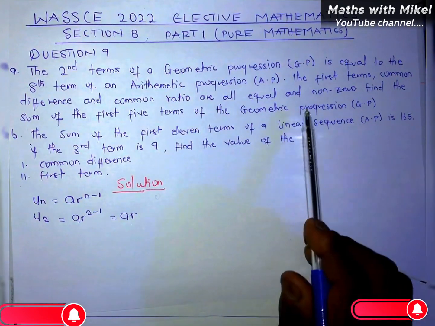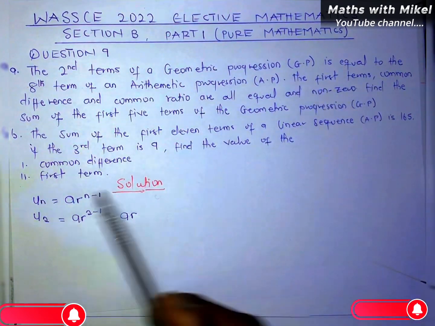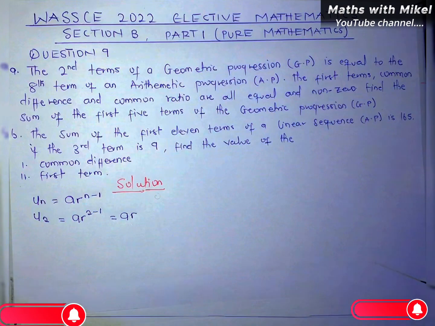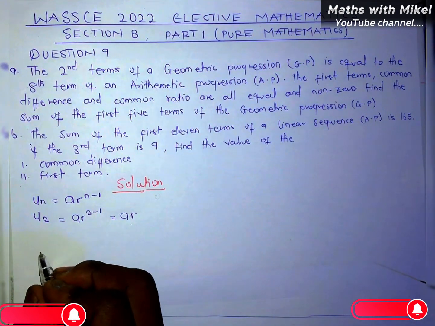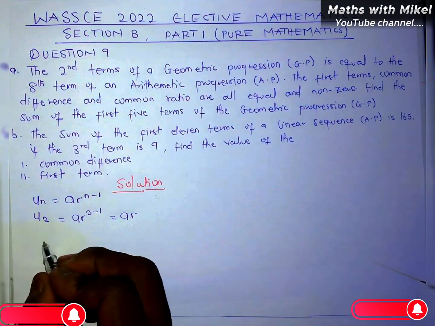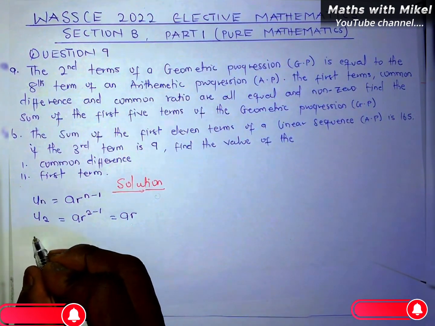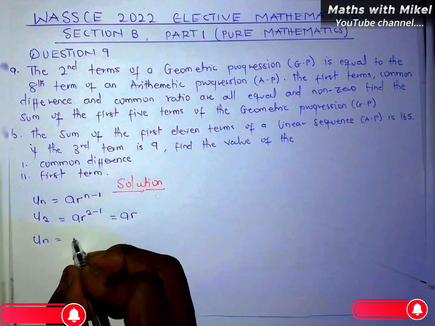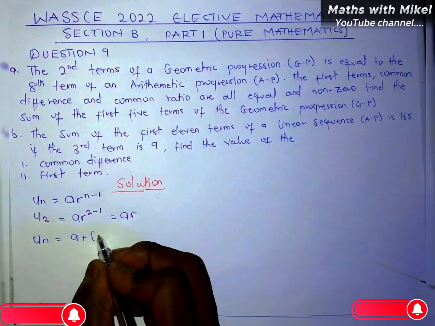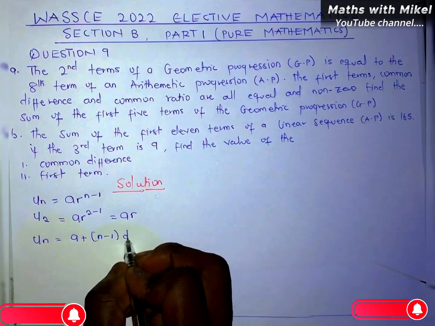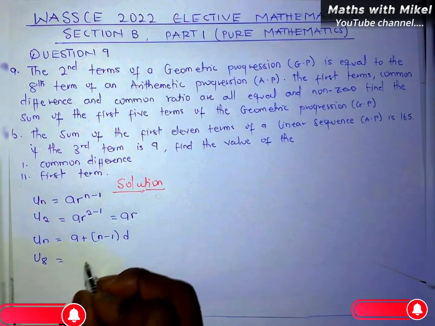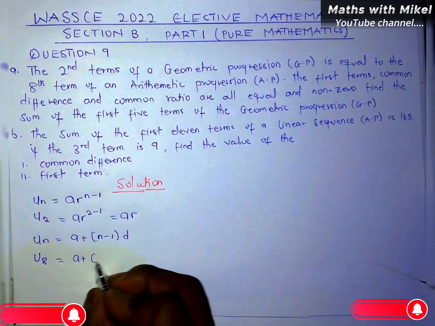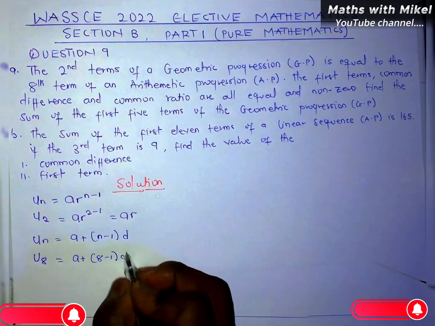Now, the question goes ahead to say that it's equal to the eighth term of an arithmetic progression. And you know the formula for the nth term of an arithmetic progression. That's Un is equal to a plus into bracket n minus 1 d. So the eighth term, which is U8, is going to be a plus 8 minus 1 d.